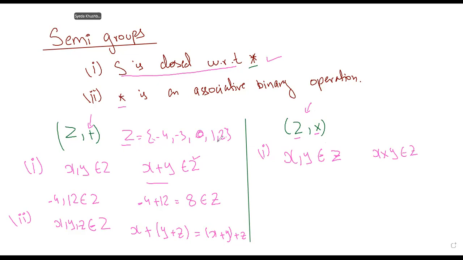Let's say we have -4 and 2. If x is -4 and y is 2, -4 into 2 is -8, and we know that -8 belongs to the set of integers. This means that if we have any two integers, positive and negative, their product is going to be in the set of integers.